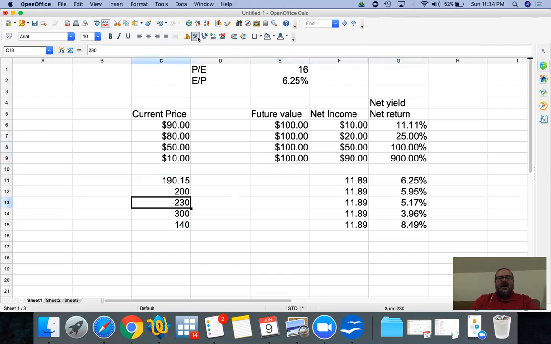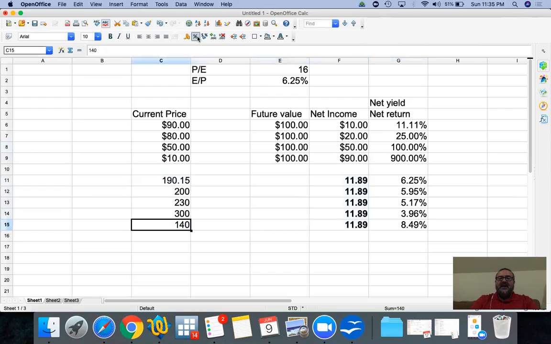There are other people who believe that the net income for Apple might go up or down. And based on that expectation, people are willing to pay more or less for a stock. By paying more, they lower their yield. By paying less, they increase their yield.